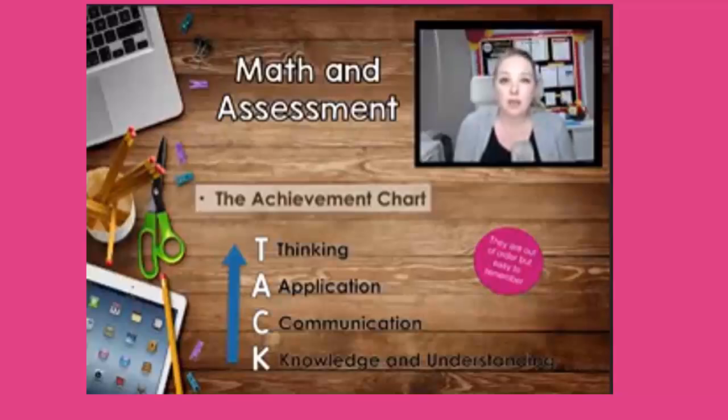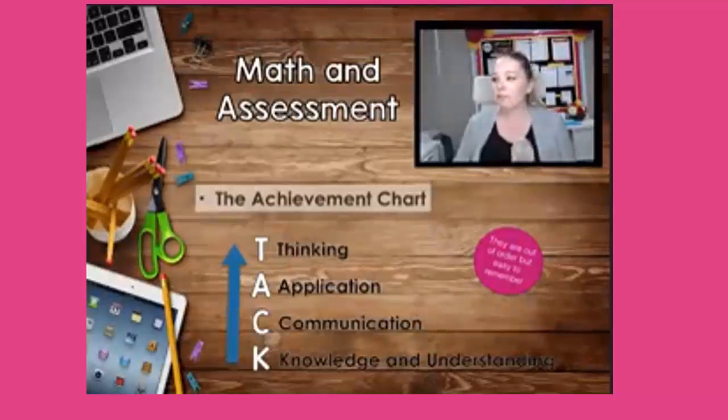These are more of your basic questions that you're going to be asking your students. We also want our students to be communicating their process and showing us their thinking and explaining their understanding of the question being asked. We have application questions as well as thinking questions, which we're going to look more specifically at the differences of those two on the next slide.